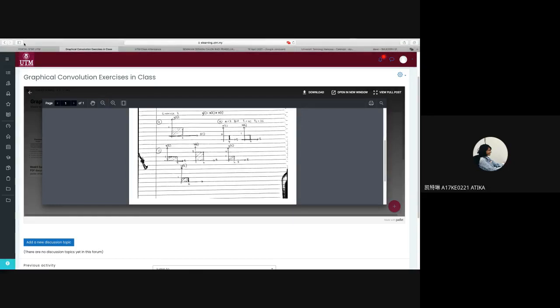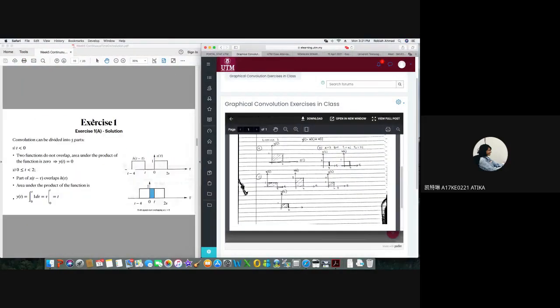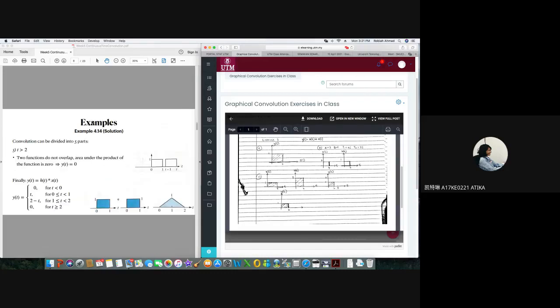All got. Okay. Let us go back to this one. Bila kita combine ni, kita dapat ni. For these cases, from 0 to 2 ni, before 0 kan saya tunjuk tadi. I did show you.